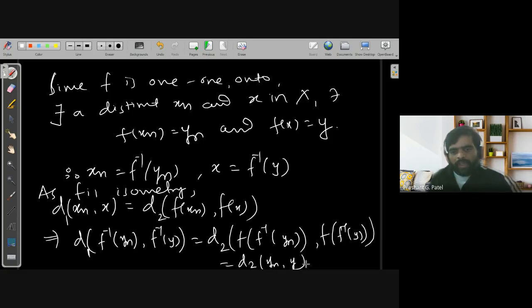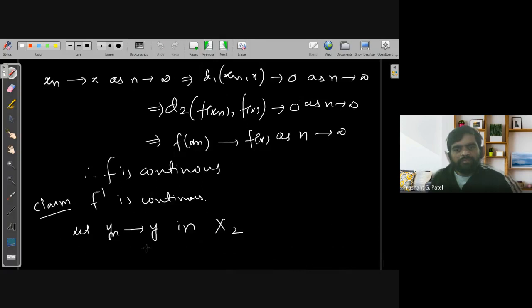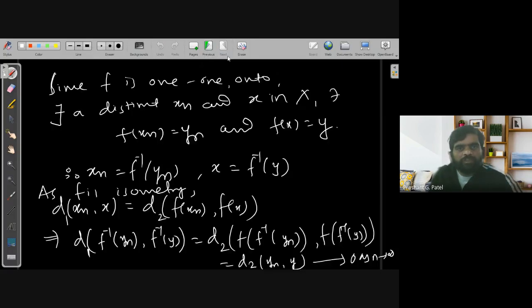But the distance between yn and y is tending to 0 as n tends to infinity. That we have assumed in the previous slide, that yn is tending to y. So the distance between the two is tending to 0, which means the distance between the f inverse values is also tending to 0.